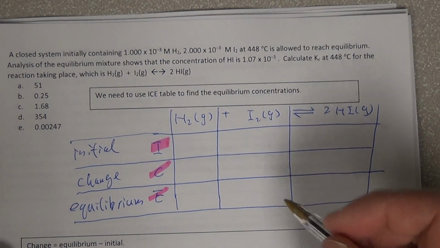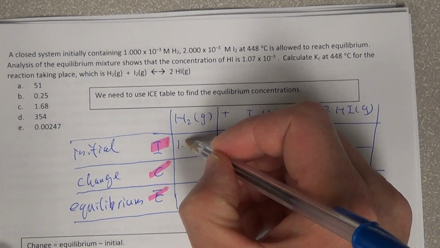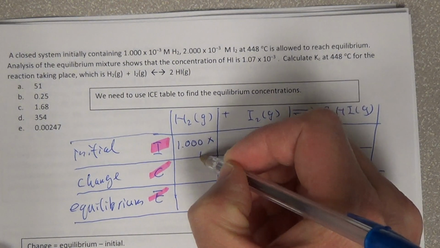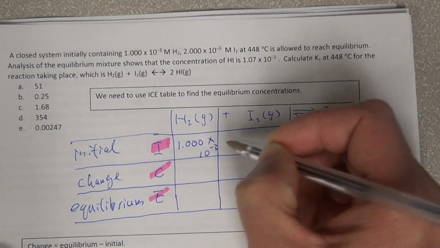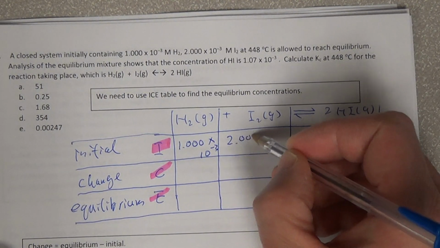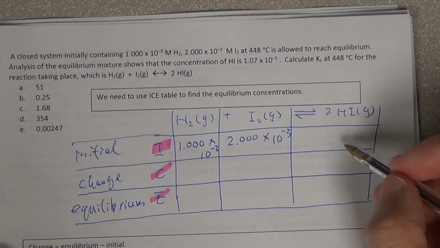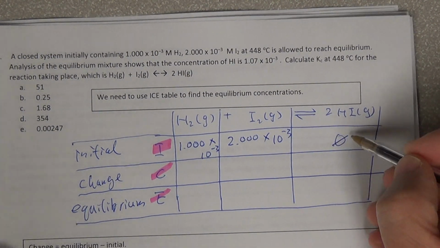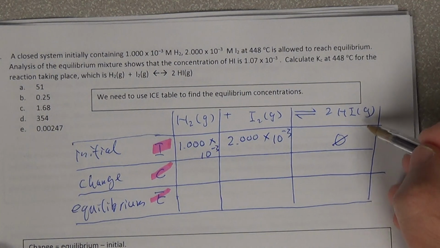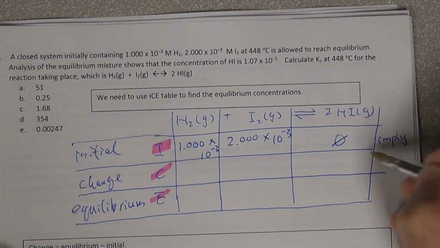Alright, so let's summarize. The initial concentration for the H2 is 1.000 times 10 to the negative 3. Then I2 is 2.000 times 10 to the negative 3. This did not tell you the initial for HI, so it is implied to be 0.